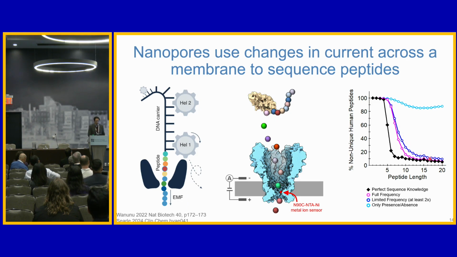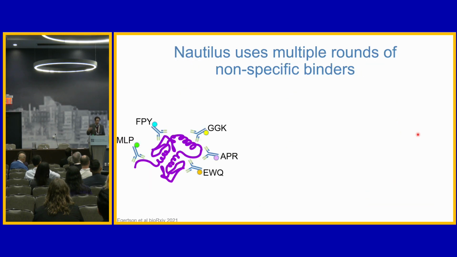That would be this limited frequency information: just knowing that I've got 1 amino acid of this type or more than 1 amino acid of this type. That's enough to identify a 20-mer or a 10-mer in this type of experiment. Okay, so that would be one technology that I think is coming down in the next 5 years.